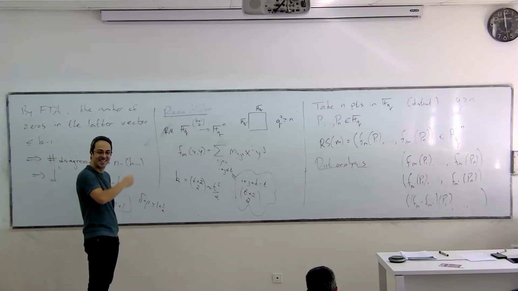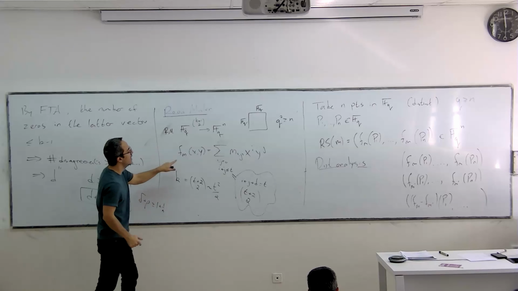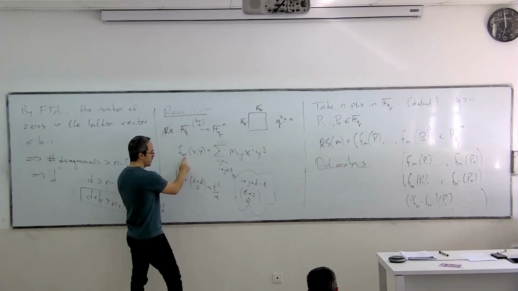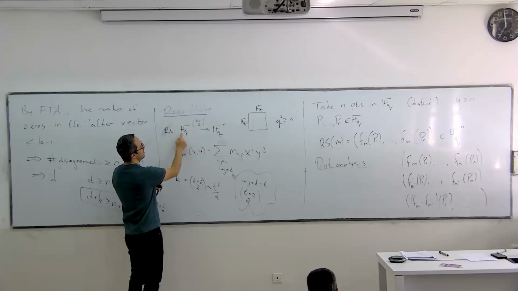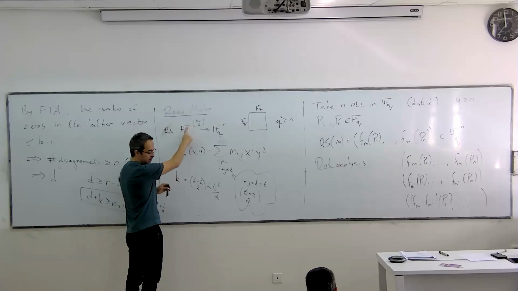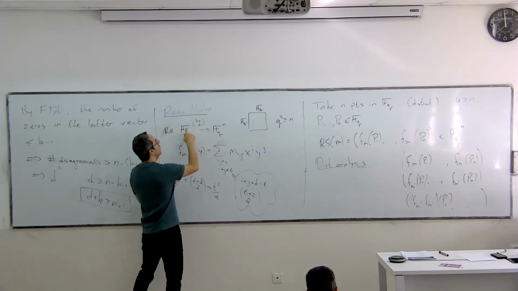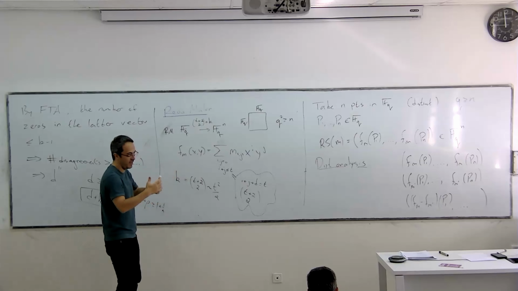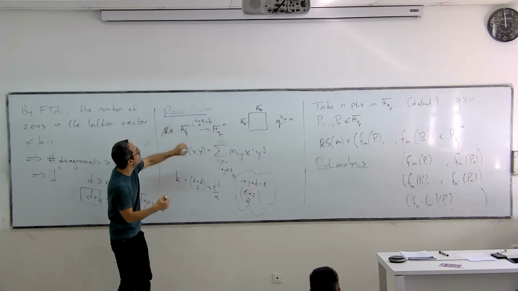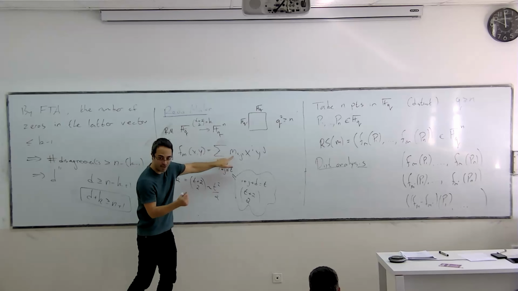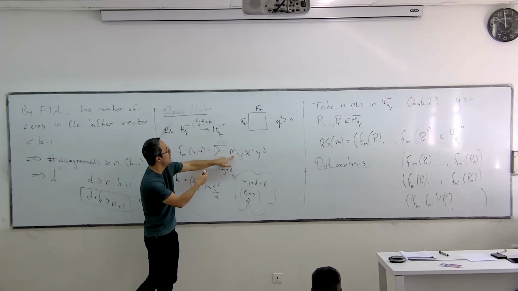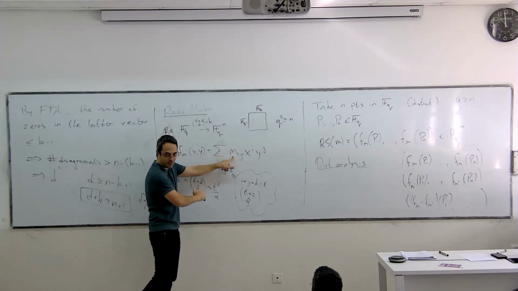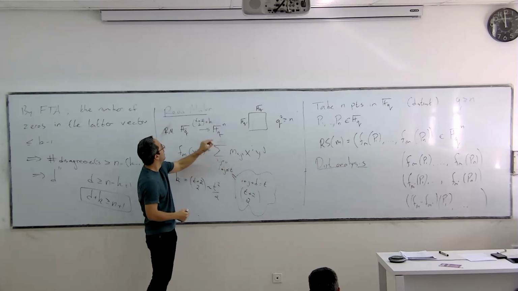So M is the message. In Reed-Solomon, M was in F_q to the K. Now there are also K symbols, but I'm going to index them differently, like Mij rather than Mi, because I want to use them as coefficients of a bivariate polynomial.